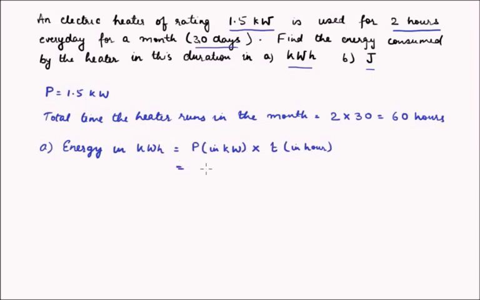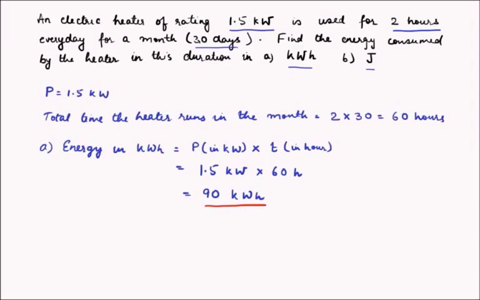The power is 1.5 kilowatt and the time is 60 hours. That would give us 90 kilowatt hour. So the energy consumed over the month by the heater is 90 kilowatt hour.